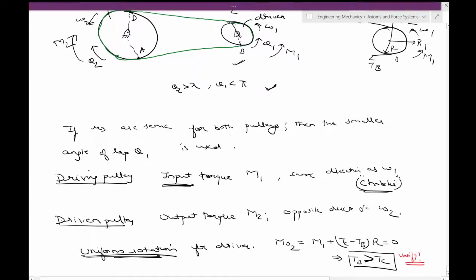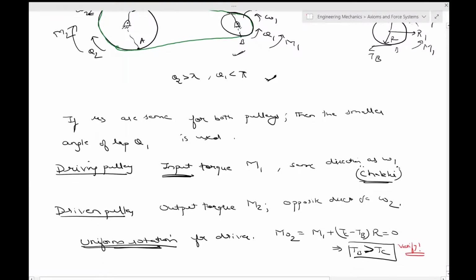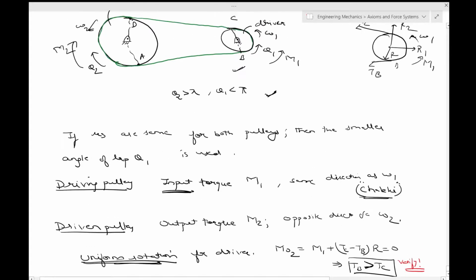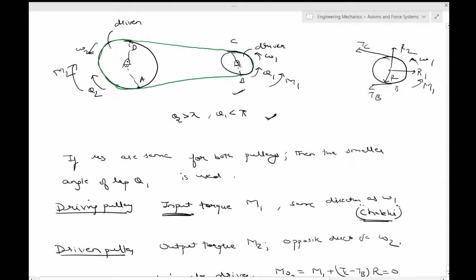Look at the direction of M1, R is a positive number, so what possibility do you have? So in this one, you have a maximum tension over here in this segment, and you will have the minimum tension over here.